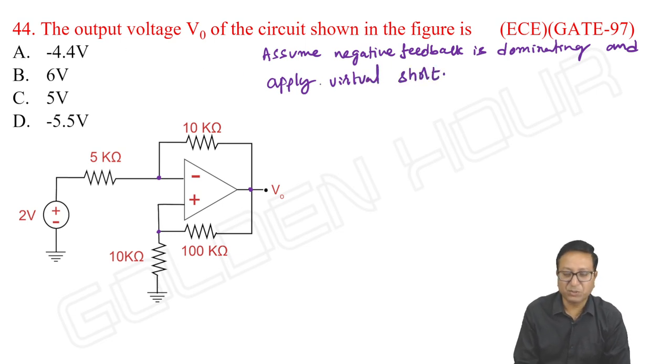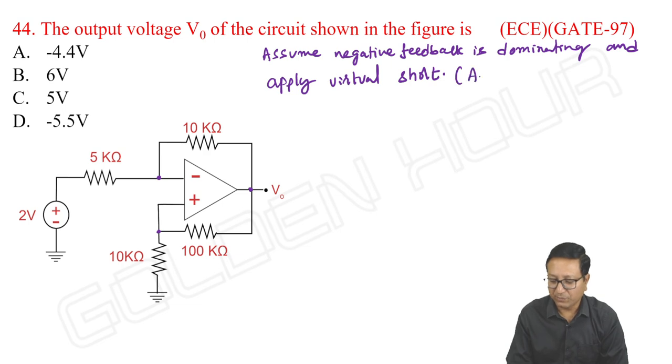As nothing is mentioned about the gain, we assume A_OL is tending towards infinity, open loop gain is infinity. Okay, then how to analyze this circuit further?